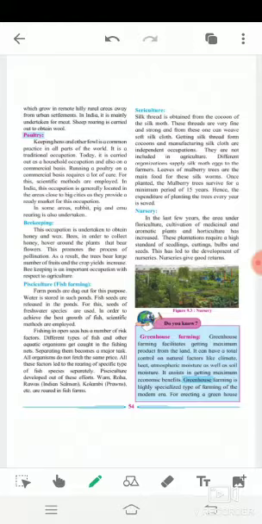Scientific methods are employed. Fishing in open seas has a number of risk factors. Different types of fish and other aquatic organisms get caught in the fishing nets. Separating them becomes a major task. All organisms do not fetch the same price.